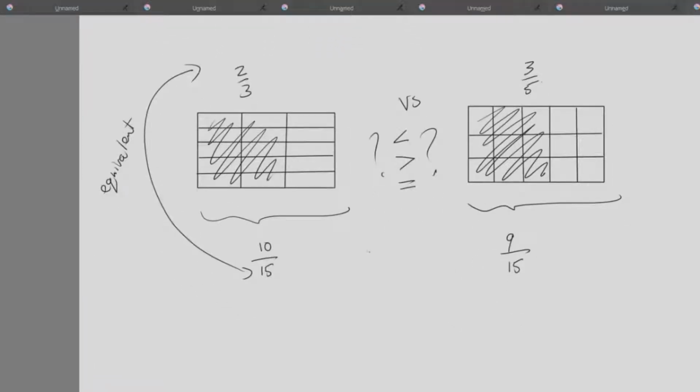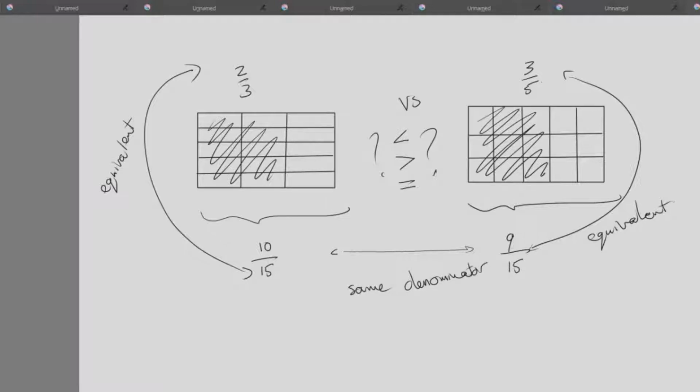So now these are comparable. I can say this one, the left one, is greater than the right one, because I've changed these into equivalent fractions with the same denominator, which is much easier to compare.